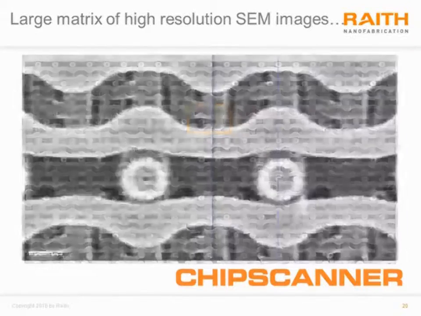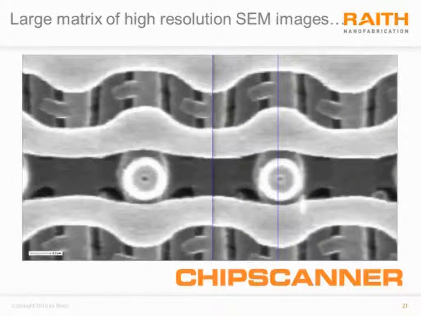Let's have a closer look at this section here. And what we see here is 10 nanometer stitching error. This is a 300 nanometer scale bar here. So we see these images can be stitched together down to 10 nanometers. Furthermore, each of the images are captured at very high resolution. You can really see very high resolution structures here on this layer.